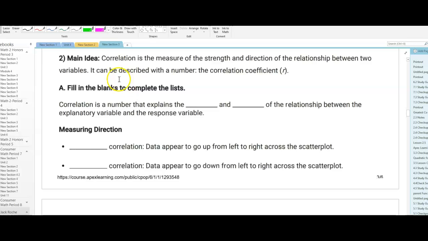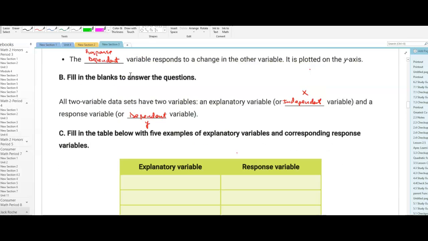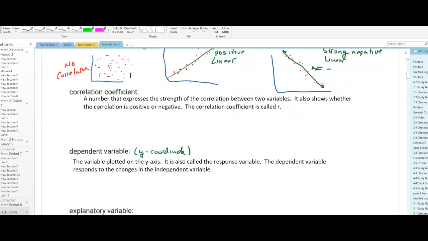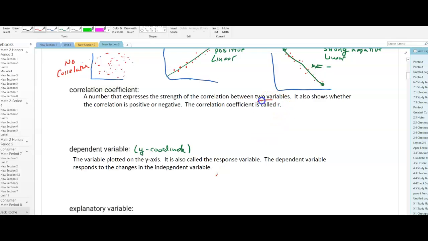Okay? Now, the correlation coefficient, and we'll go back up here, the correlation coefficient up here, also known as the R value, is a number that expresses the strength of the correlation between two variables. It also shows whether the correlation is positive or negative.